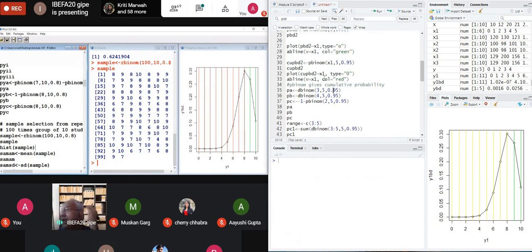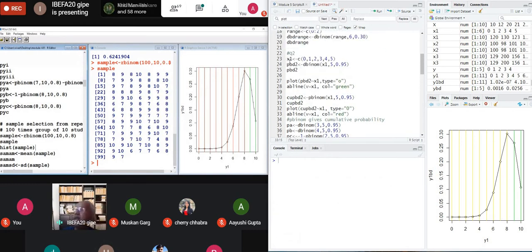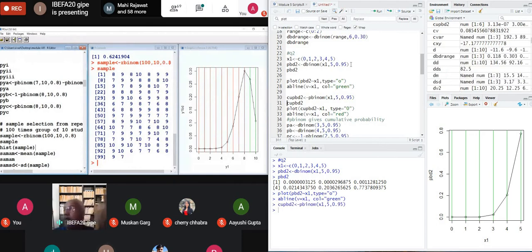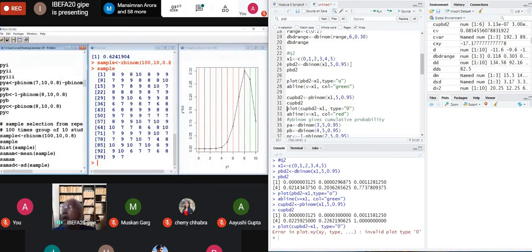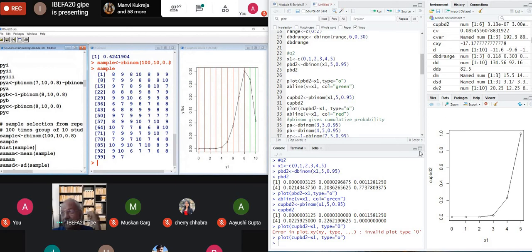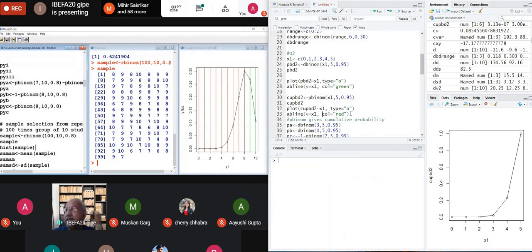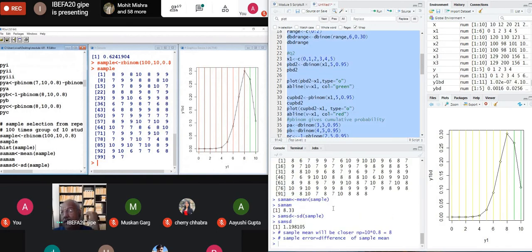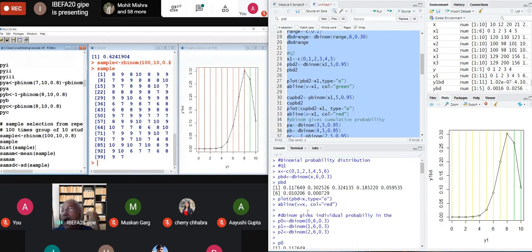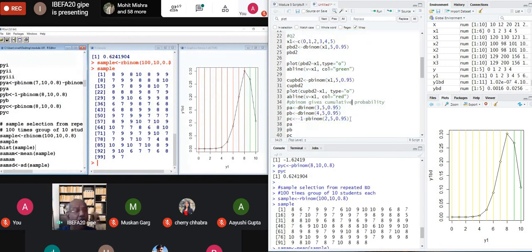But I can select another sample of 10 also. This way, if I select samples of 10, 100 times, how many successes are there in each sample? That is observed by rbinom.